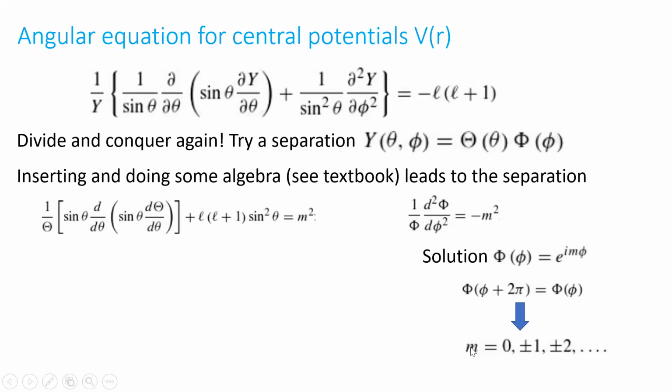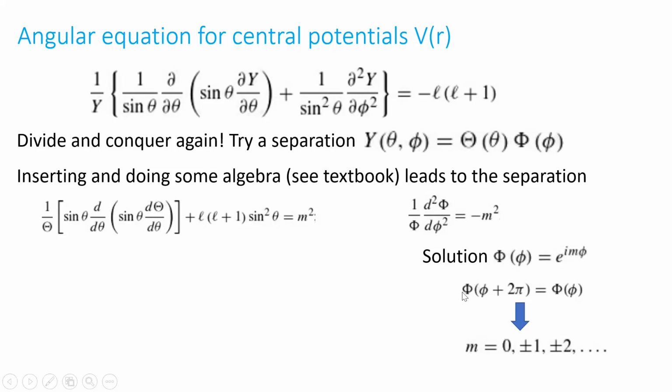And that restricts the values of m that are possible. Because if we set e to the i m (phi plus 2 pi) equal to e to the i m phi, we find that e to the i 2 pi m must be 1. And that's only possible if m is an integer: 0, plus or minus 1, plus or minus 2, etc.